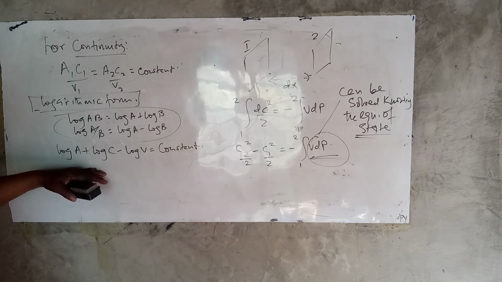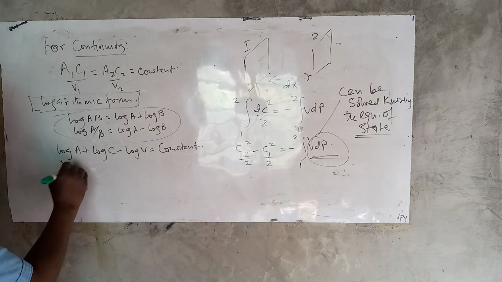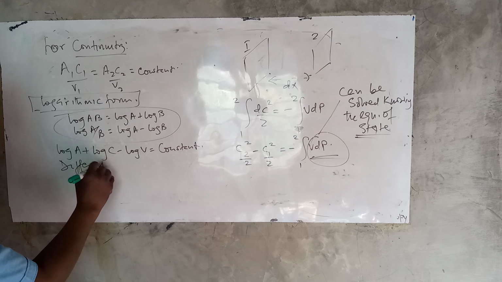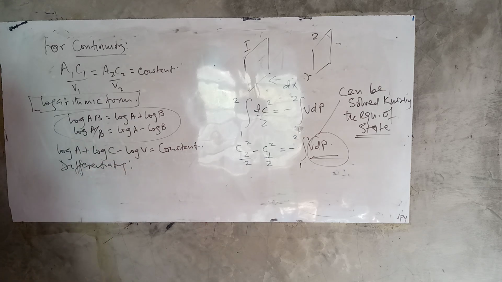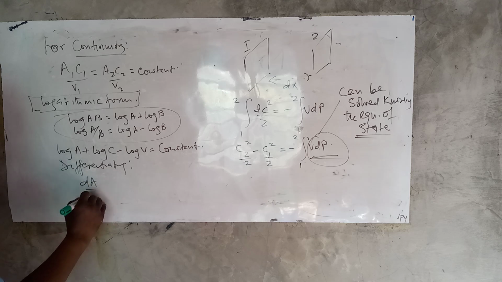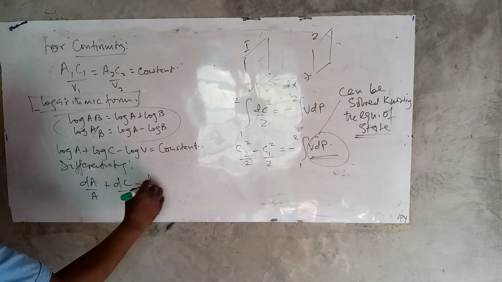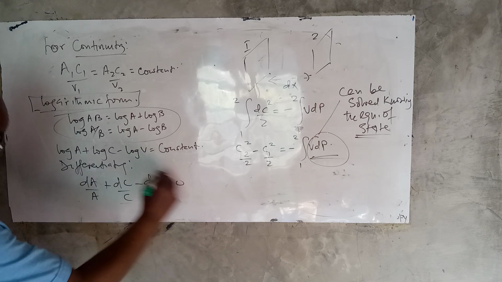So if we differentiate this logarithmic form, we will get dA over A plus dC over C minus dV over V is equal to 0.